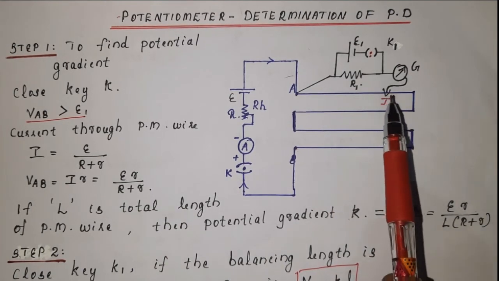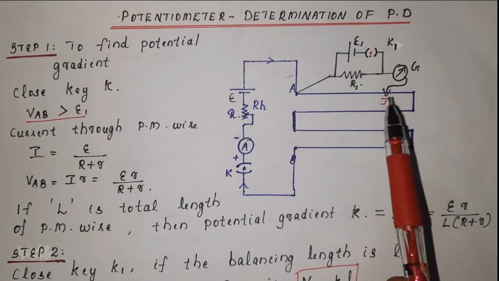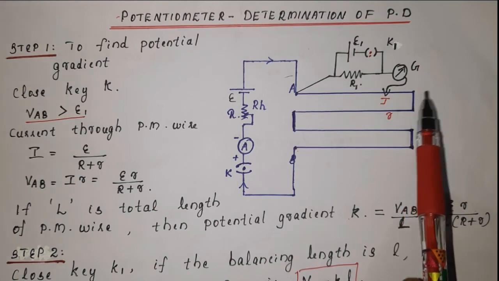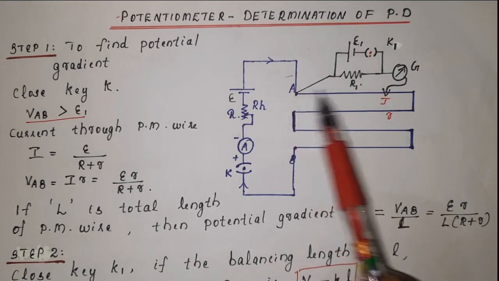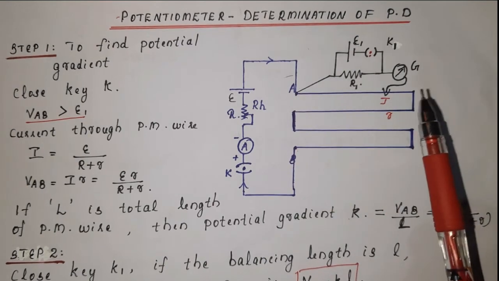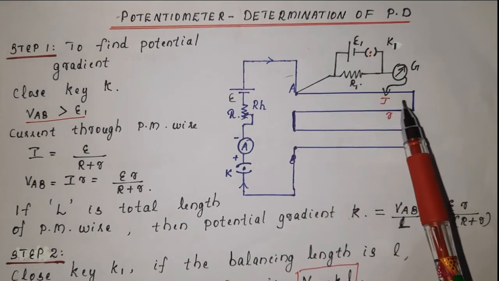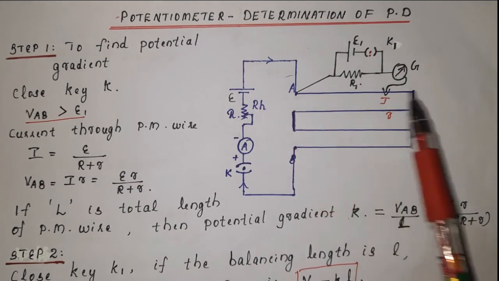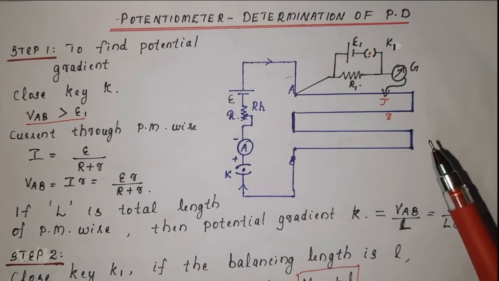The point at which the galvanometer shows zero deflection or null deflection is known as the balancing point, and that length is called the balancing length. If J is that balancing point, AJ is the balancing length.